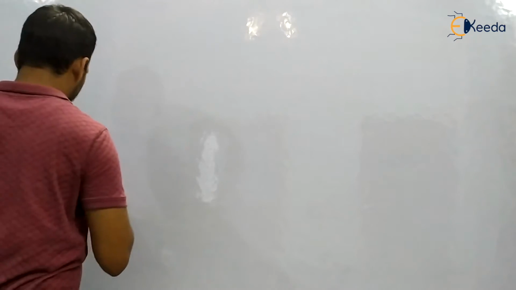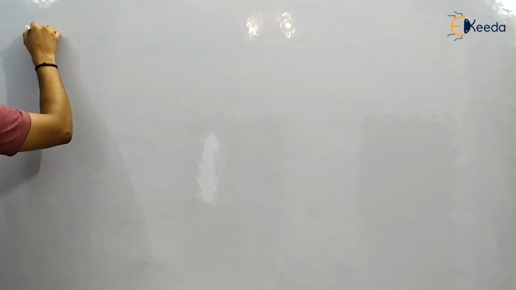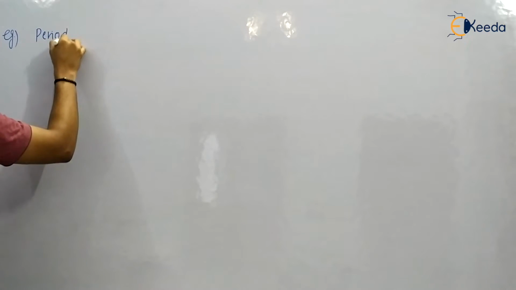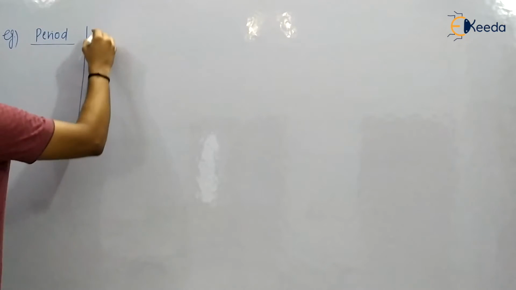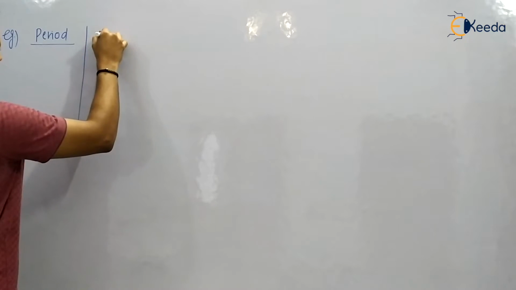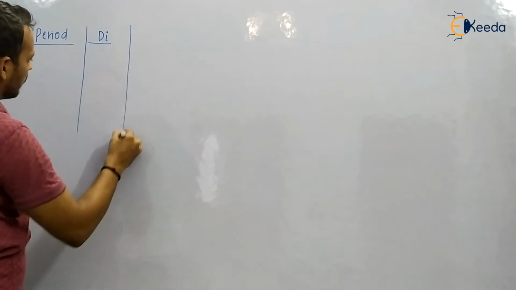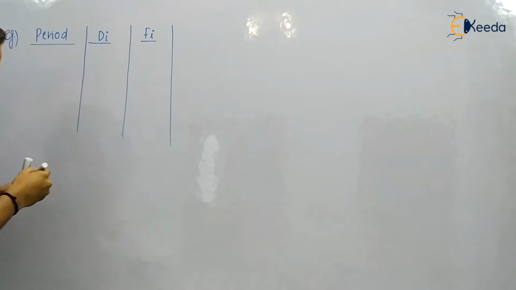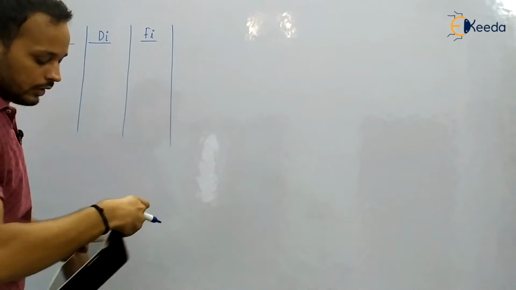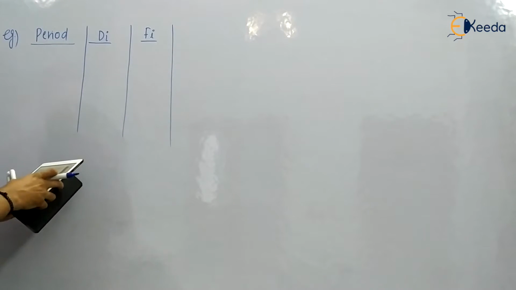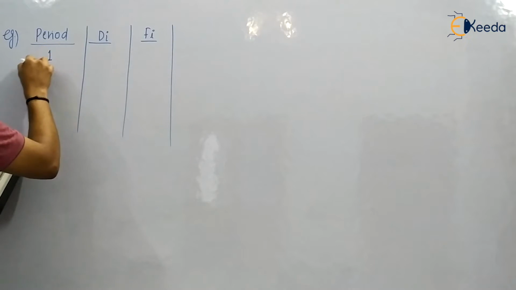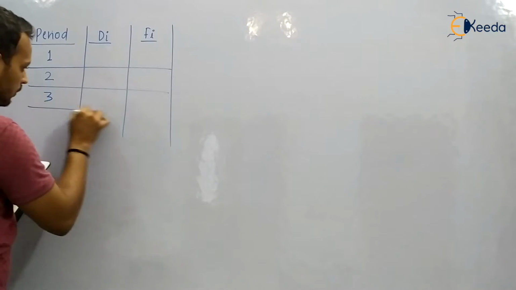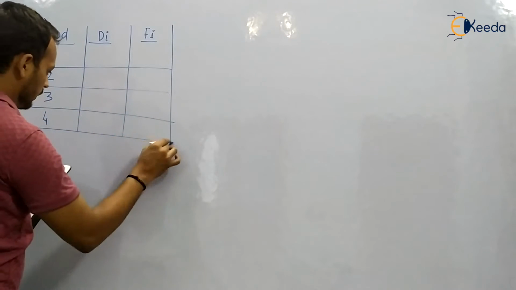So what you have to do, I'm just writing an example. In column number 1 it is given periods. And in the second column it is given demand, that is Di. In the third column it is given forecast, that is Fi. So I'm just writing the values. The periods are 1, 2, 3 and 4.